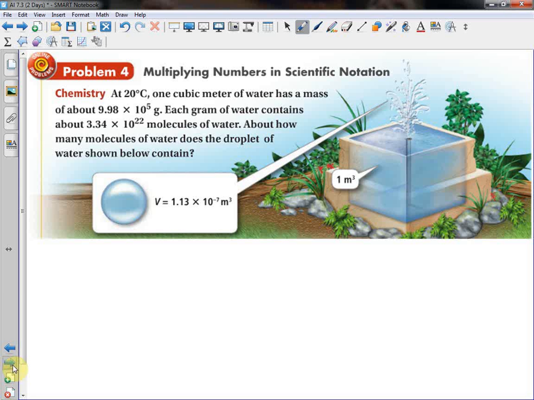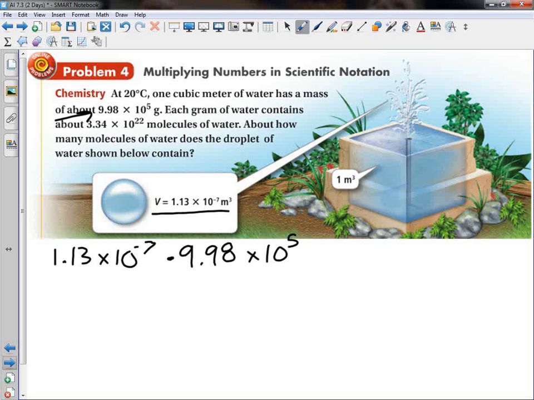What we want to do is find how many molecules are in this one droplet of water. So if I take this one droplet, and I multiply it by mass, that's going to take me from volume to mass, right? So I'm going to times it by my mass of 9.98 times 10 to the 5th.